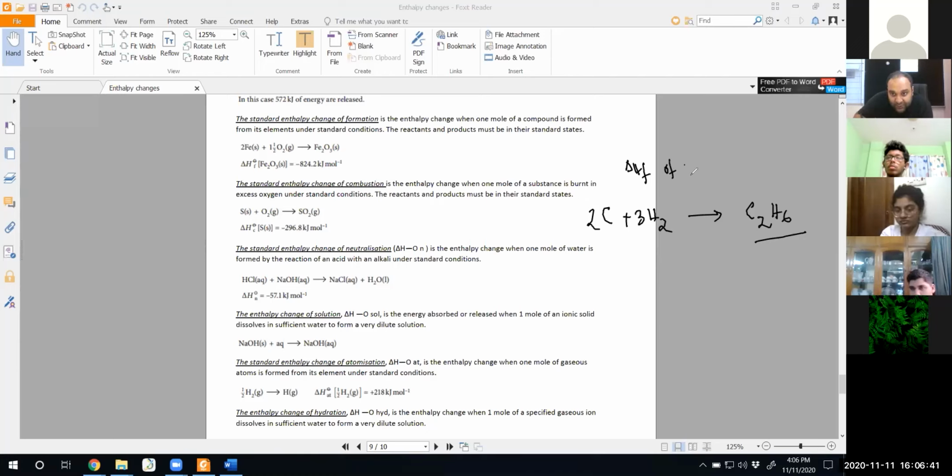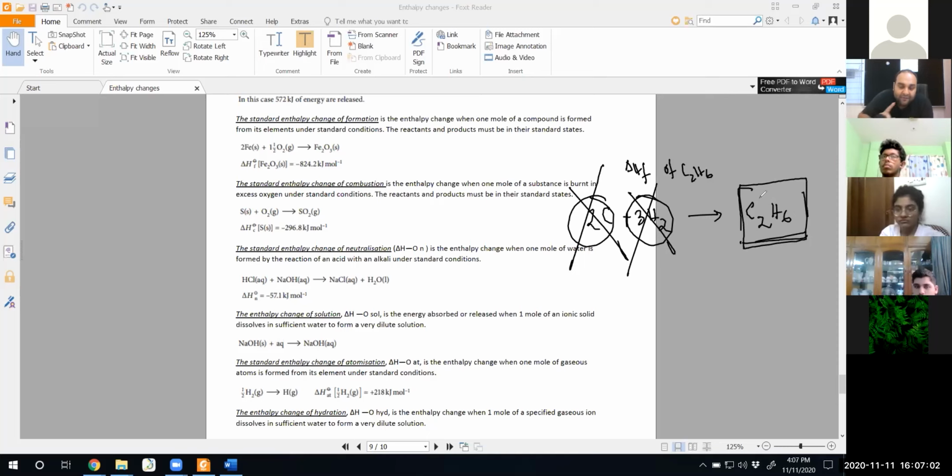Here we had 2 moles of carbon and 3 moles of hydrogen, but we do not need to worry about that, because we are not concerned about how many reactants there are. We're concerned about how many products are formed. If there is just 1 mole of a compound being formed from its constituent elements under standard conditions, we call it enthalpy change of formation.